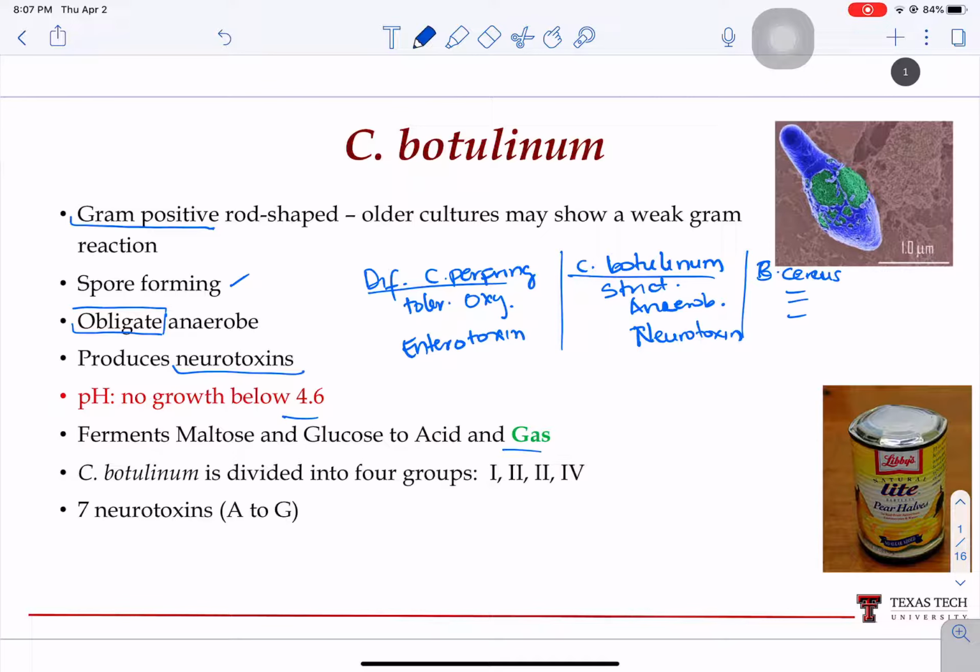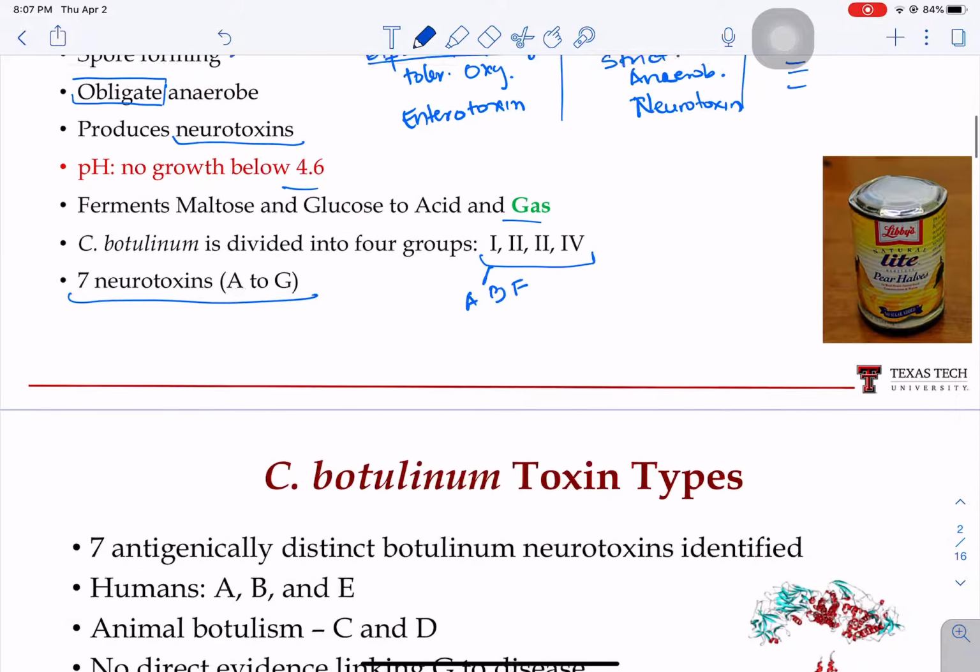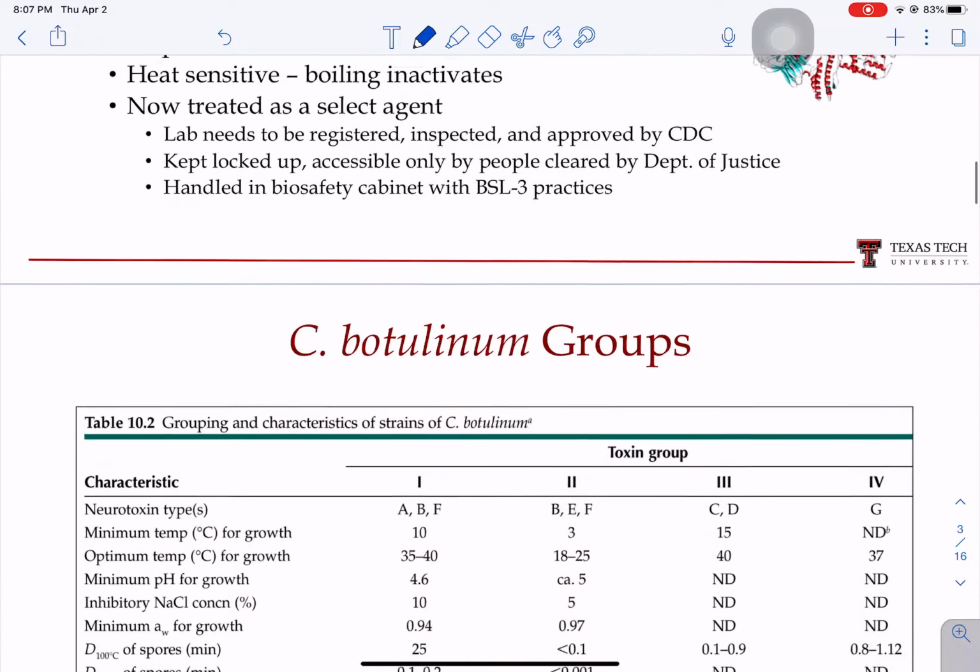You can read this. It's divided into 4 groups, and those 4 groups are classified according to the production of 7 different neurotoxins. So you will see in a slide that is coming later how each one of these groups may produce different toxins. For example, group 1 is going to produce toxin A, B, and F. Actually, I think the slide is coming, there's a couple of slides here.